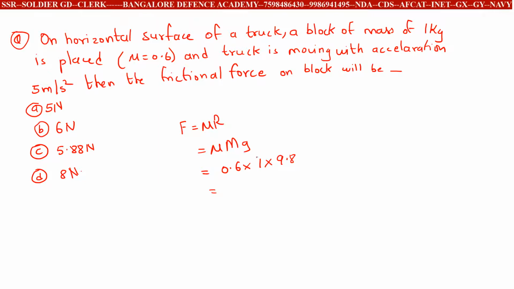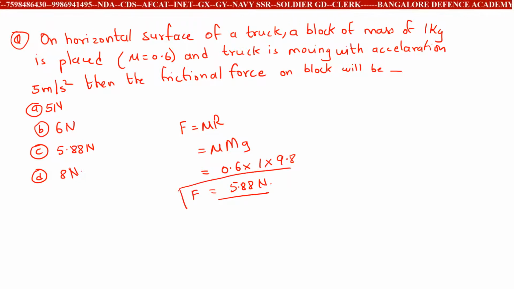If you take 10, then it will be 6. Here it is specified, you have to take 9.8. So the final answer is 5.88 Newton. Option C is the right answer.